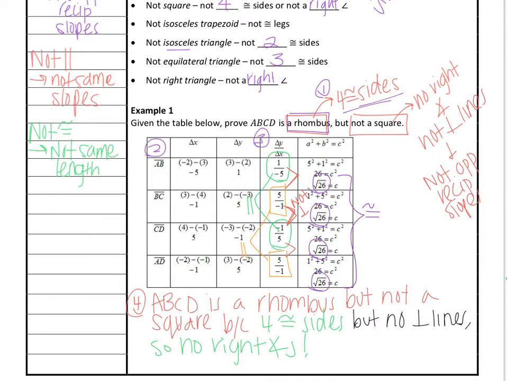Okay, so you say what shape it is or what shape it is not, and then you give a justification. Why? Using properties. Is it what it is, or is it not what it's not?